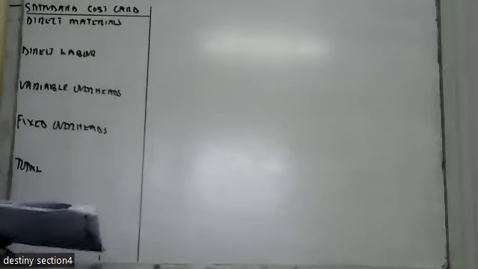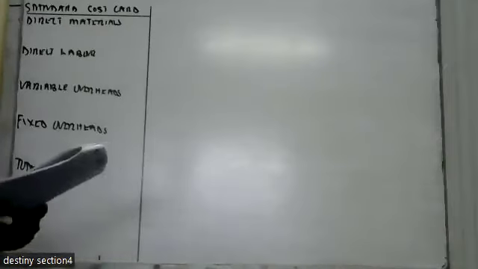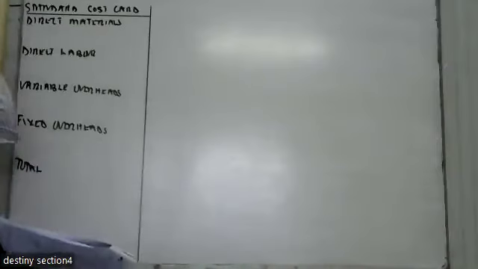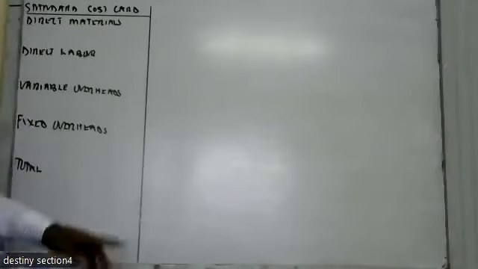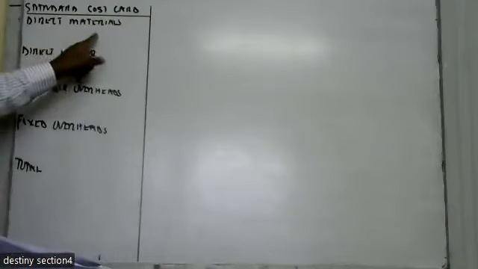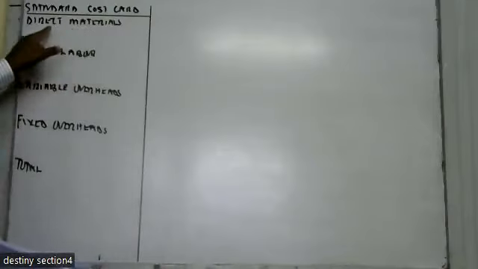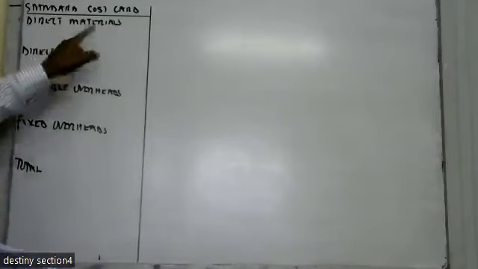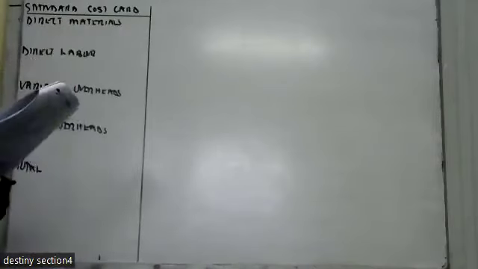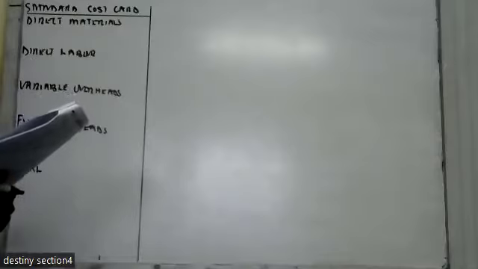Now, let's have the workings. So write workings. We will require workings because for us to get the material cost, we must get kilos and cost per kilo. We will go to where we have the direct material price variance.